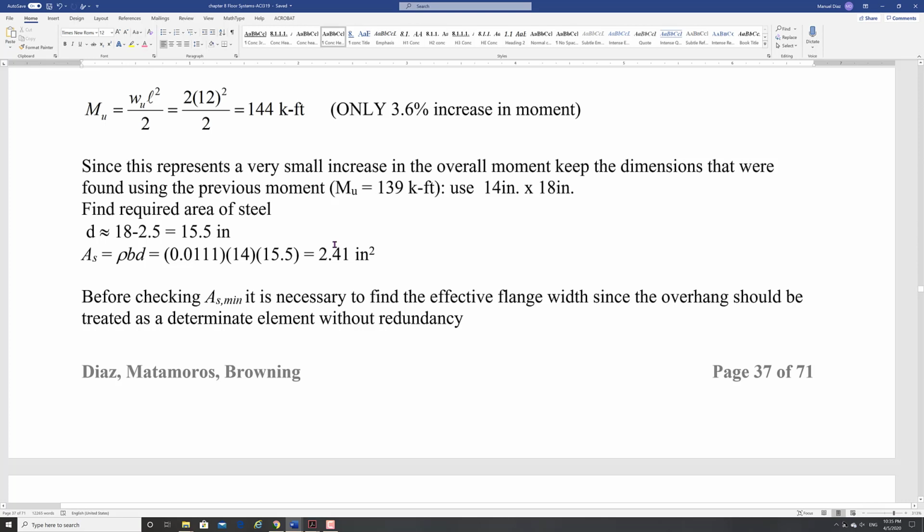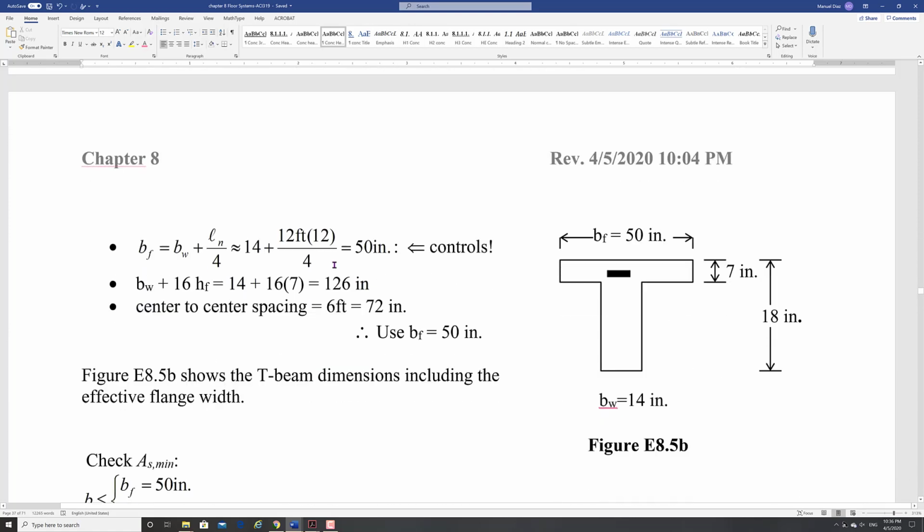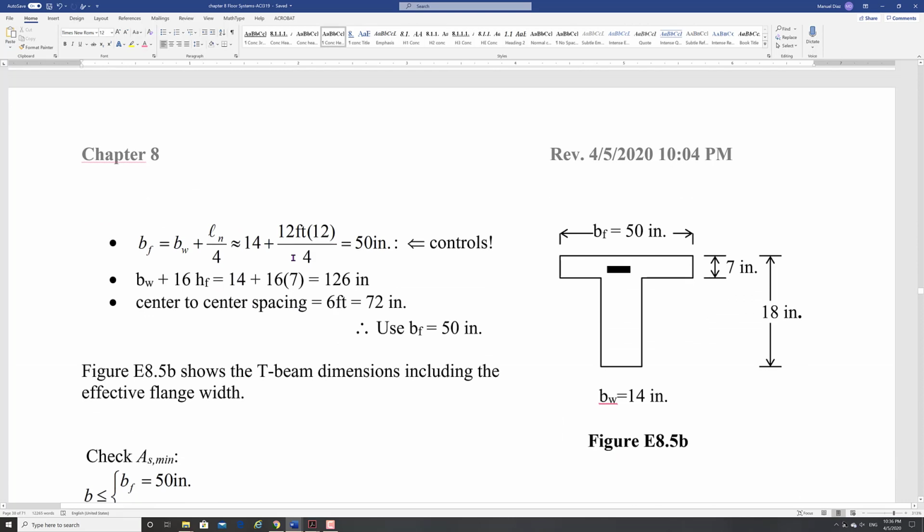For cantilever beams, or beams that have flanges in tension that are determinate, the formula is a little different for A sub s minimum. And so we cannot find it unless we know the effective width. So we're going to find the effective width for that beam.